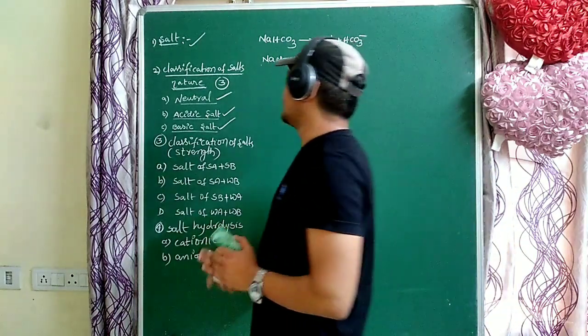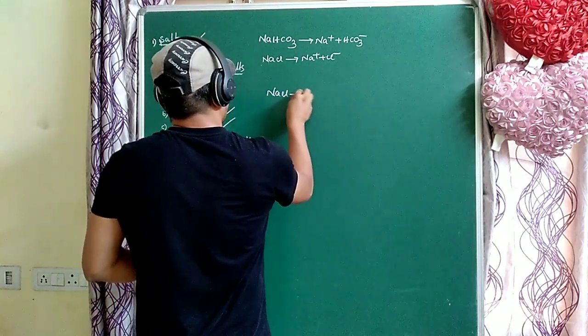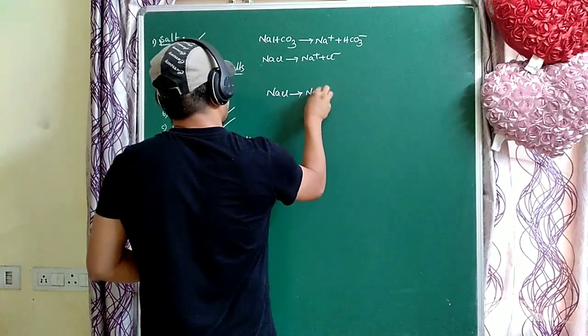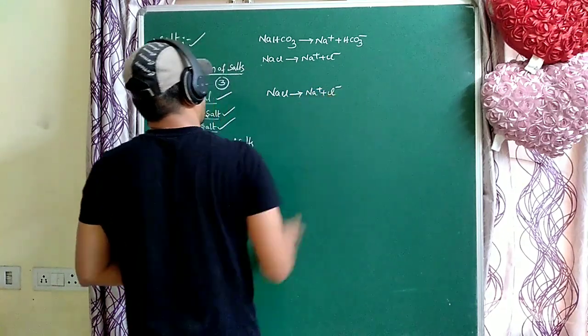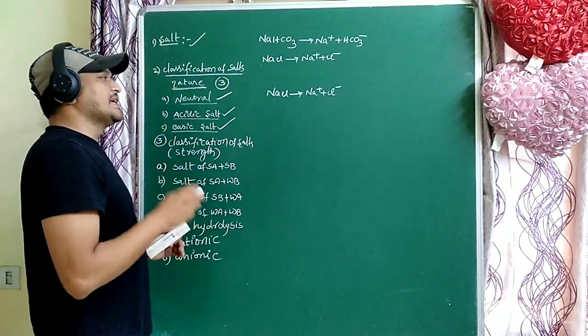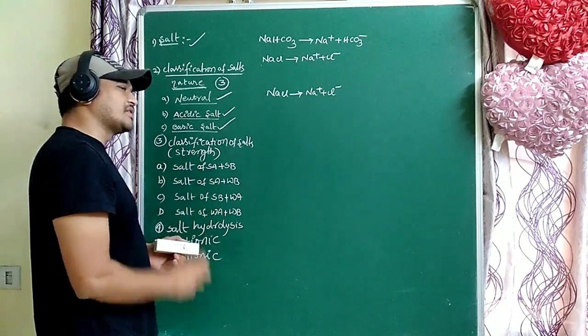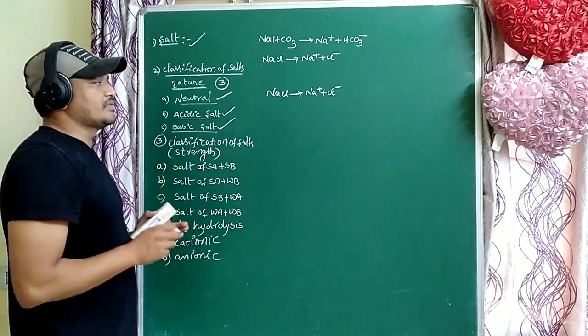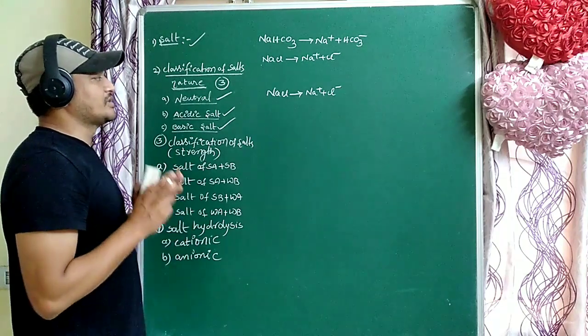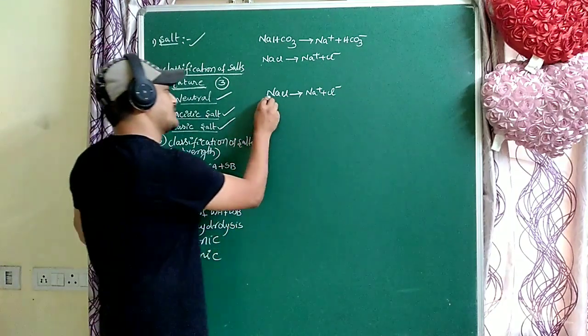Neutral salt means, for example, NaCl converting to Na plus and Cl minus. The salt does not give any H plus or OH minus in any ionization, whether first, second, or third. This type of salt is called a neutral salt.